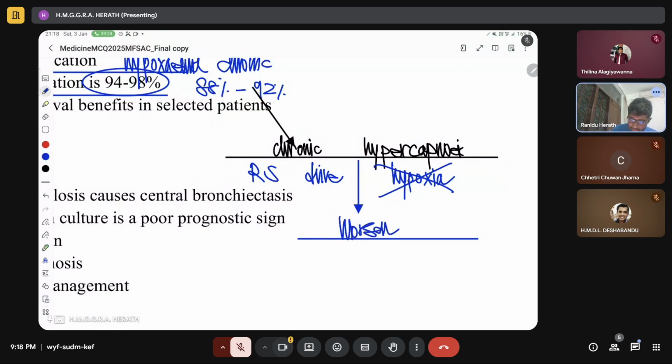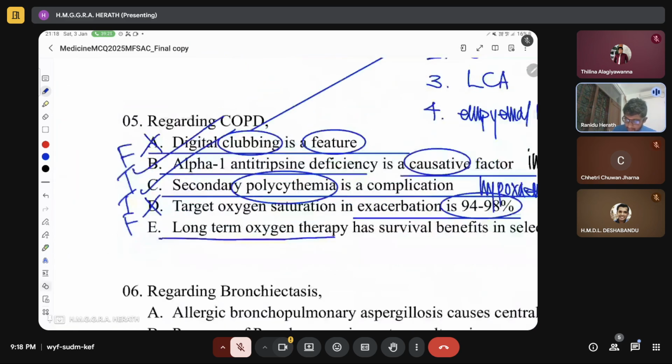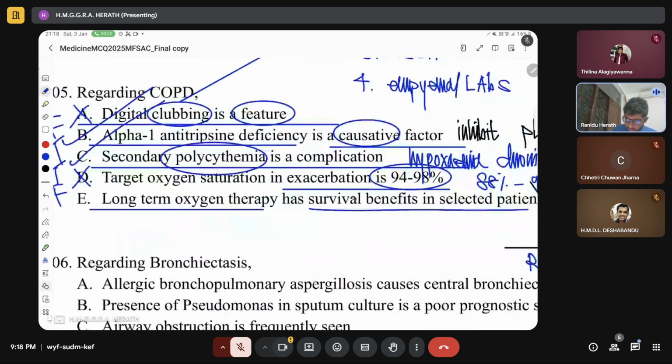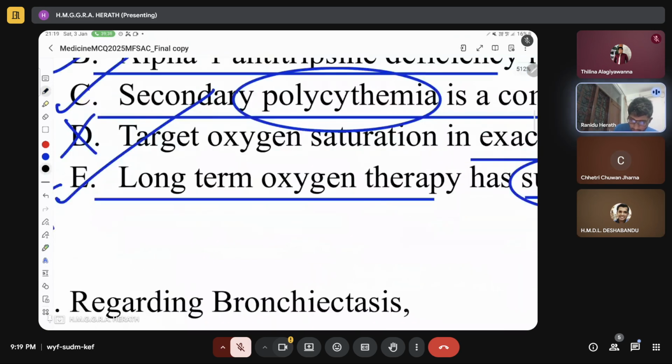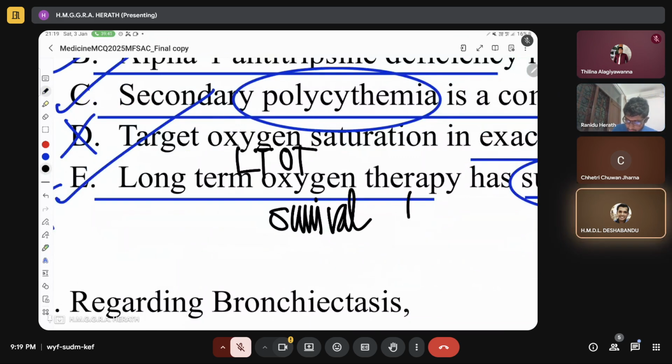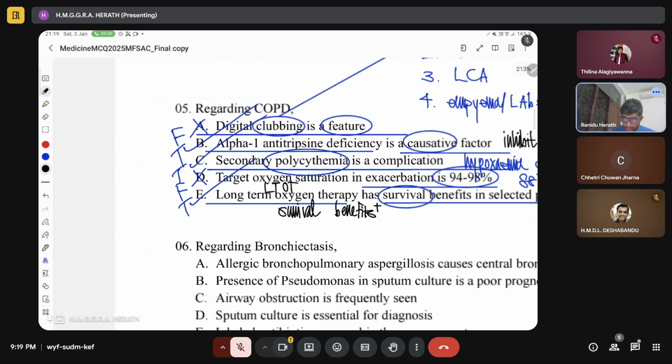Understood? Long-term oxygen therapy has survival benefit in selected patients. True or false? True. LTOT, or long-term oxygen therapy, has survival benefits. What are the other diseases that long-term oxygen therapy is given for?